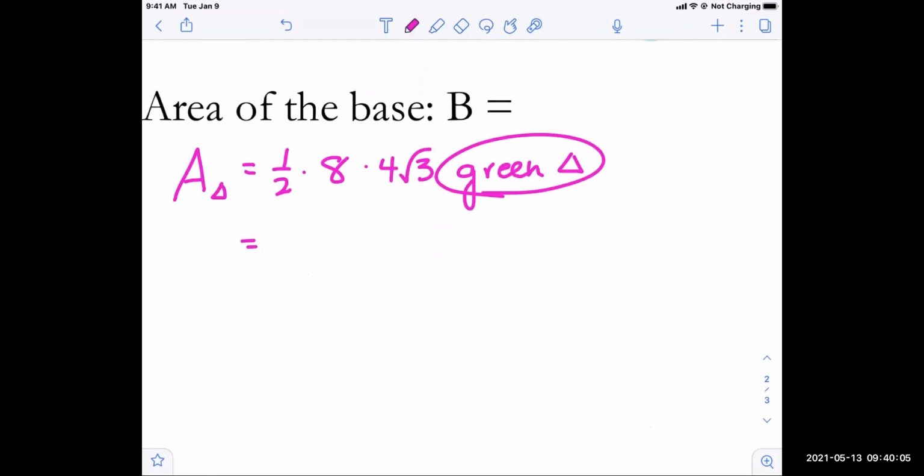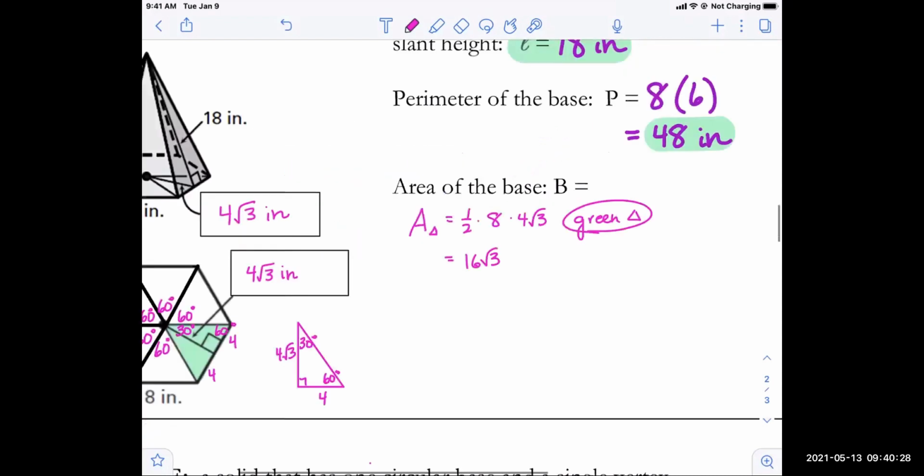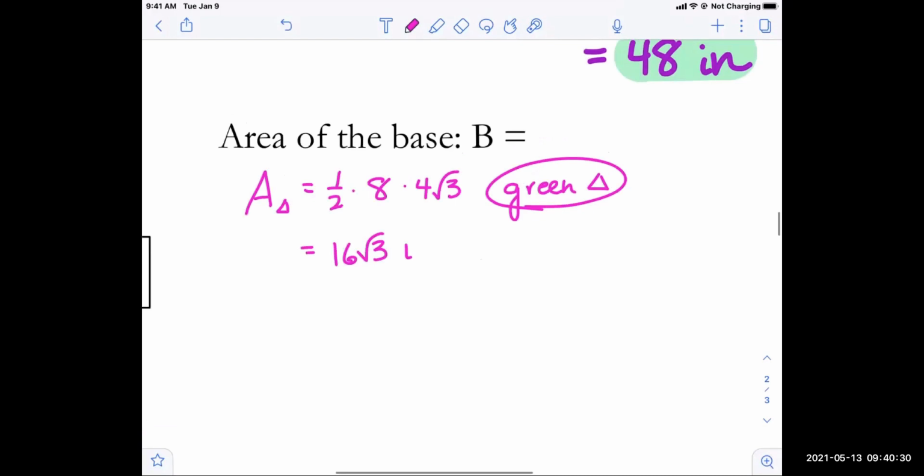Blair, what do you get when you multiply that? What do you get when you multiply that? Okay, 16 root 3, and that's going to be in inches squared.